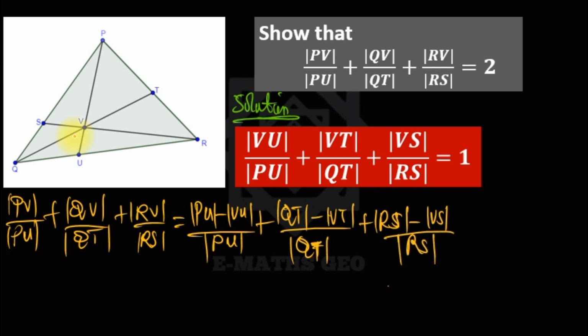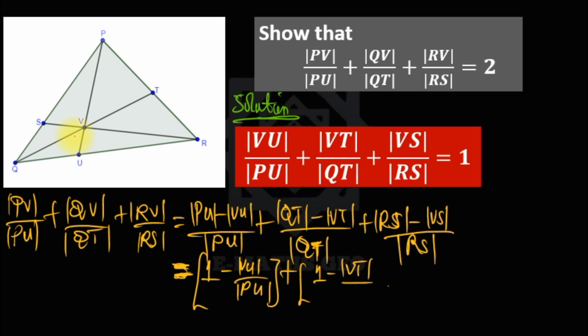So what do you observe? Since they have the same denominator, PU over PU is 1. So I have 1 minus VU over PU, plus 1 minus VT over QT, plus 1 minus VS over RS.